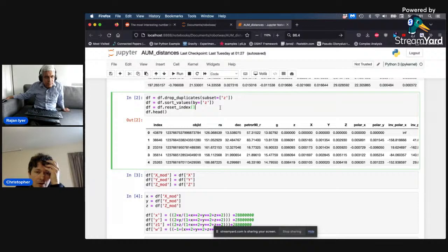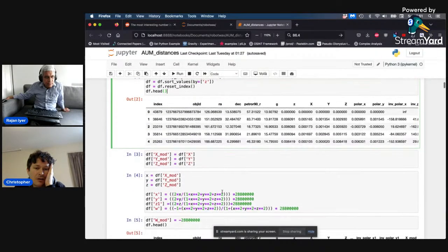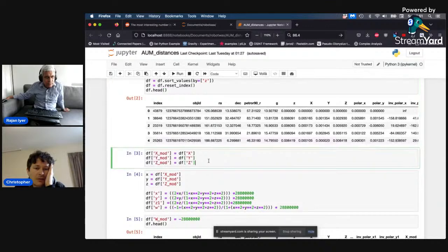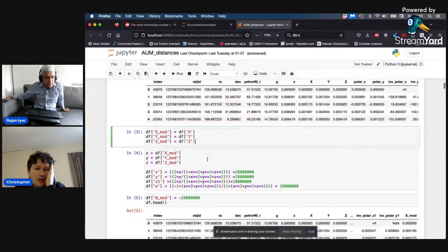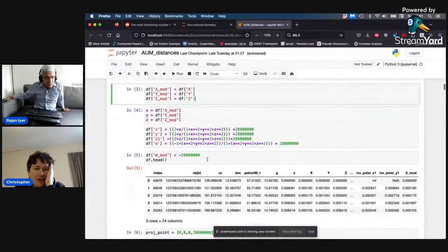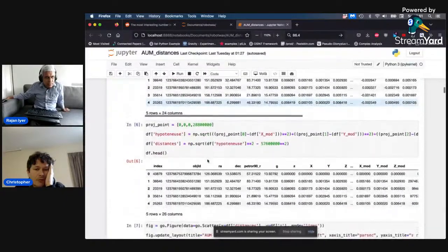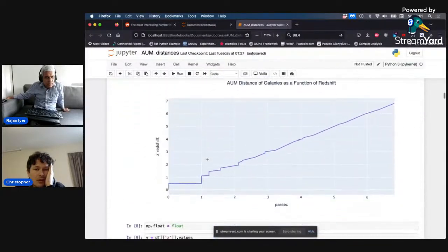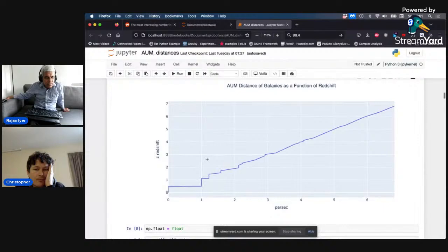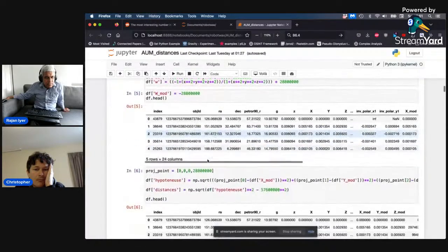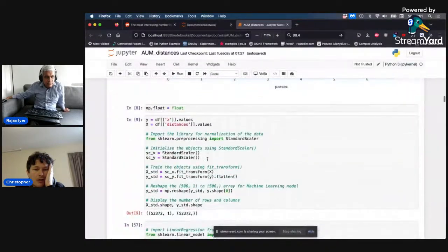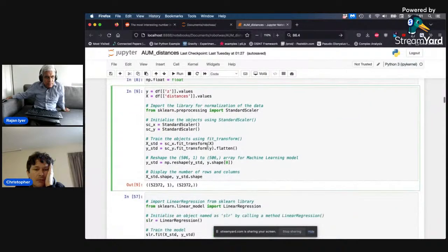The concept is that the magnitude of the redshift increases the further they are away from us. Here we just have more of a test run. Okay, so I'll just get into the main point of it.